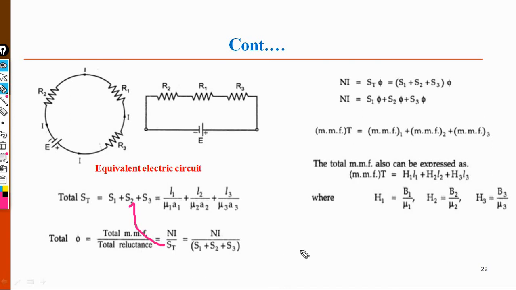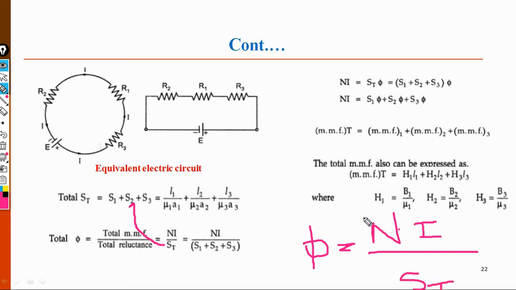That is, phi is equal to N into I upon ST.